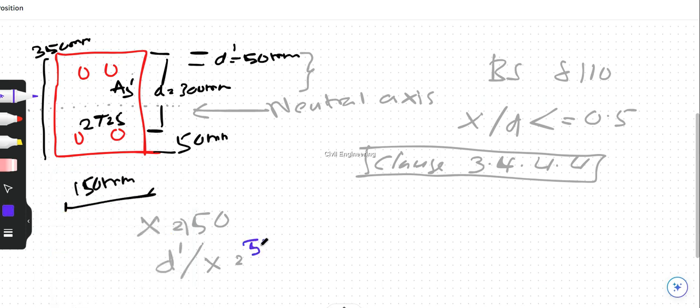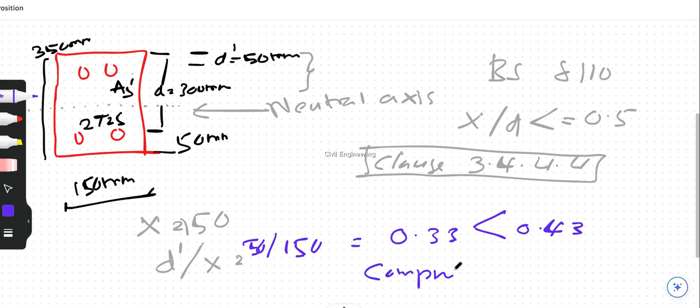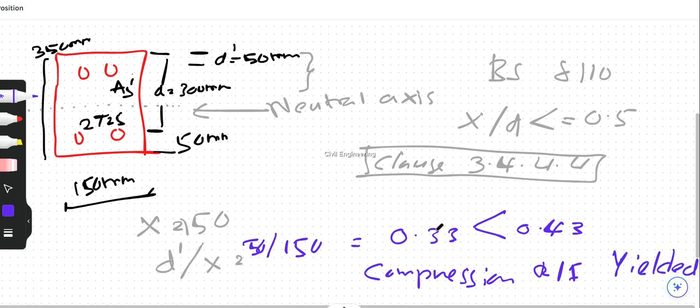It is 50 over 150, which is 0.33. As it is lesser than 0.43, the compression reinforcement is also at yield stage. These bars are also at yield stage.